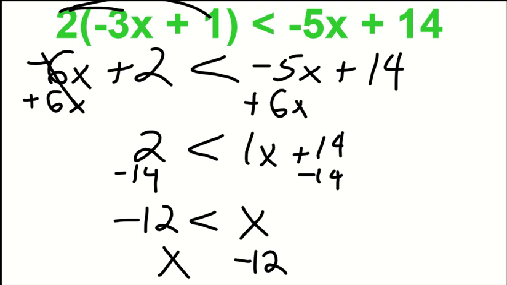I heard some of y'all say x. I heard some of y'all say negative 12. Who thinks negative 12? Who could tell me why they think that? Because that's how it was pointed to start with. It was open to the right, so it needs to stay open to the right.